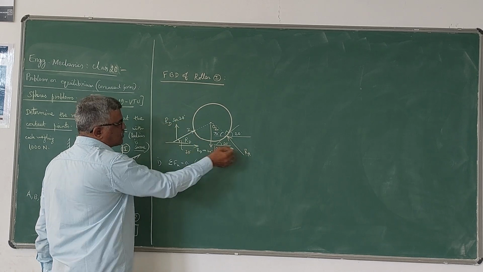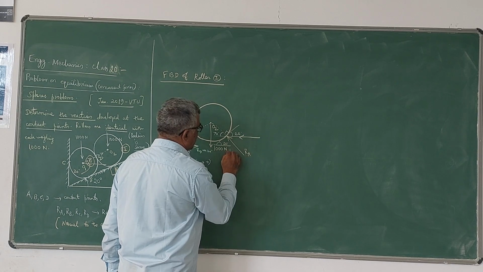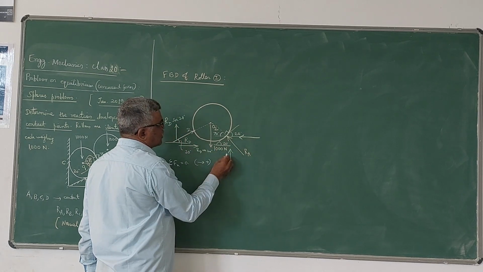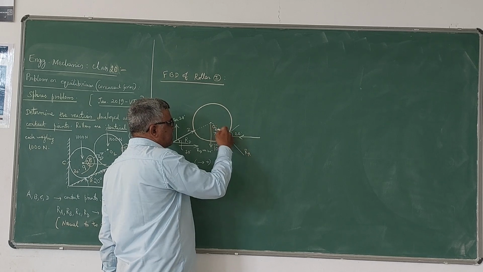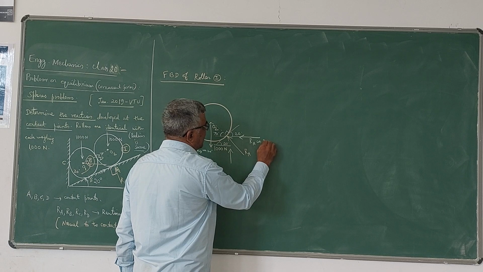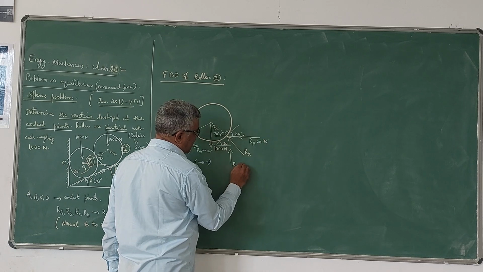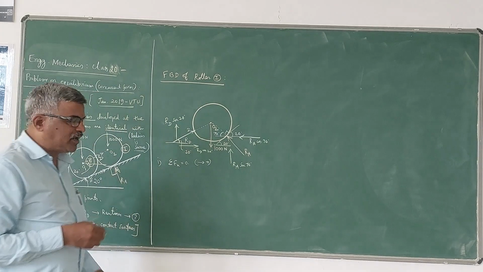Similarly, you have to resolve this RA. Horizontal will be like this, vertical will be like this. Please note that this RA is making an angle of 70 degrees with the horizontal. Therefore, this becomes RA cos 70 and this becomes RA sin 70. And you need not resolve this 1000 Newton because it is vertical.